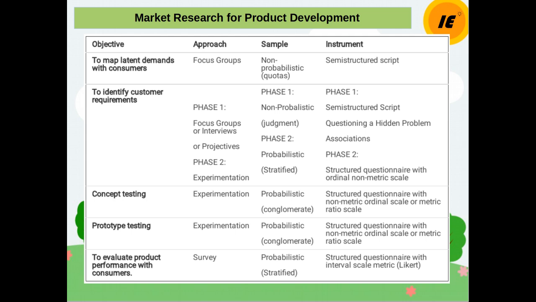And then of course the fifth stage is the same. So that's all about the 5 market research problems and the first 3 steps of each market research problem in context to new product development.